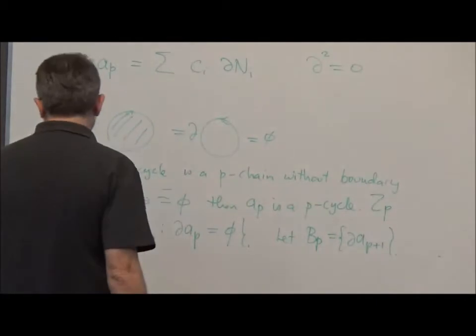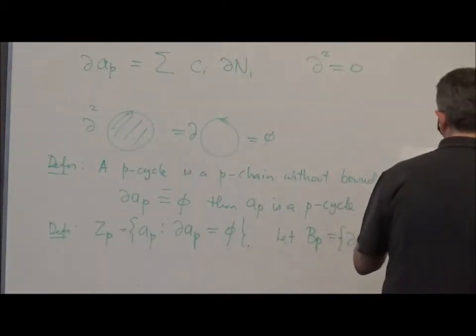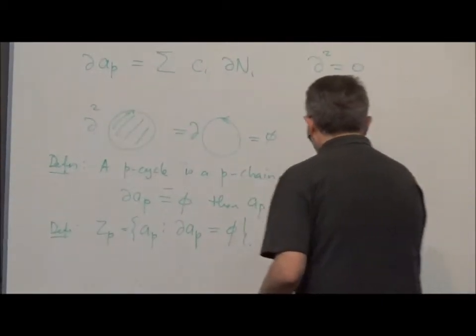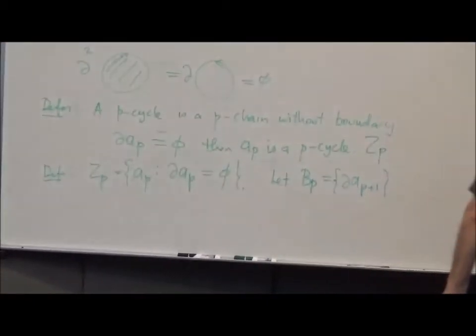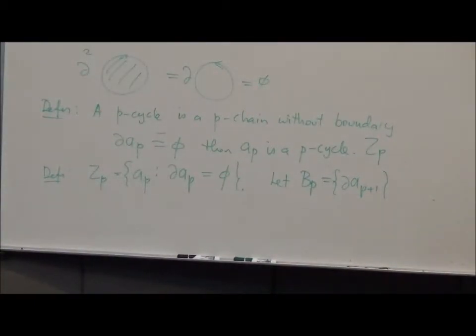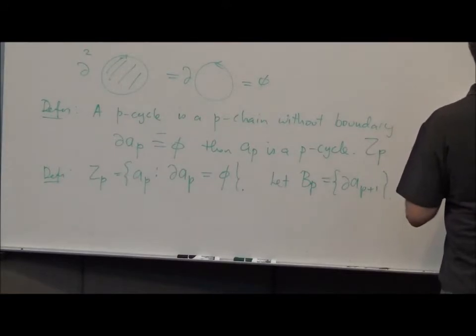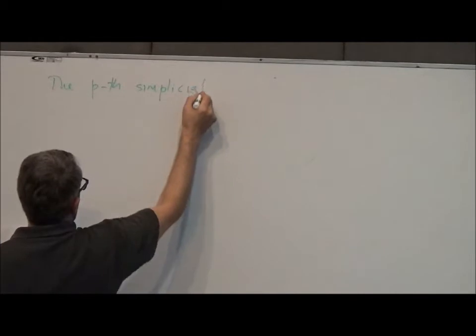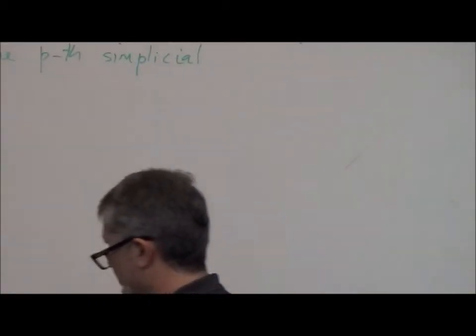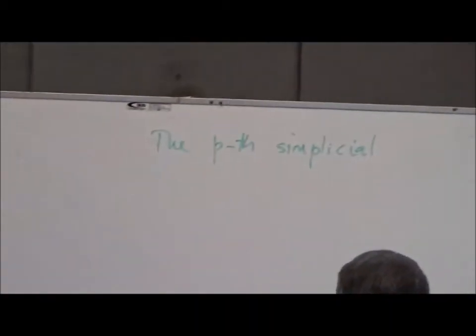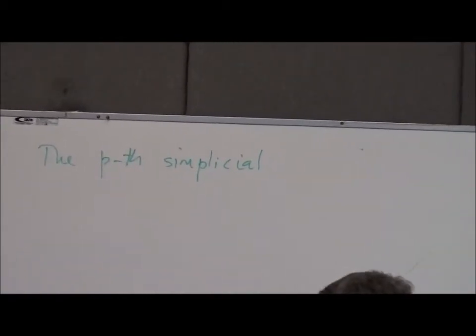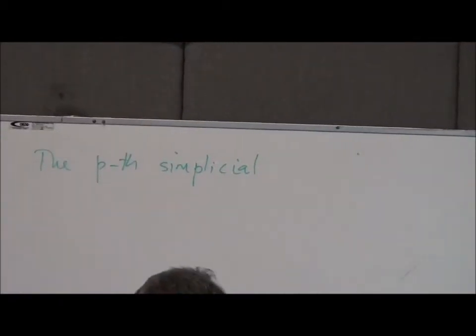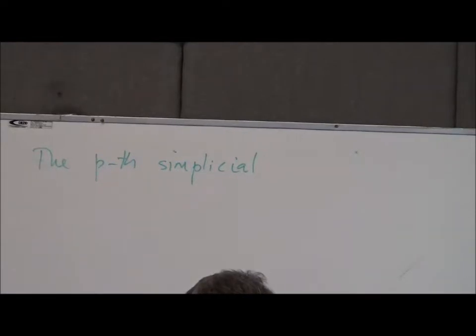And this lets me now define the P-th homology group. As I said, there are many ways of doing this. This is the smooth way. There are singular ways of doing it too. This makes more sense for us.